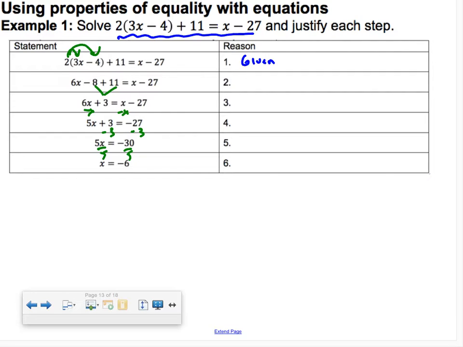From 1 to 2, the person distributed. 2 to 3, looks like there was a combining of like terms, or I like to say just simplify. 3 to 4, they subtracted.